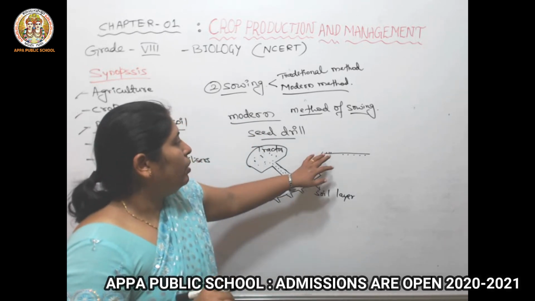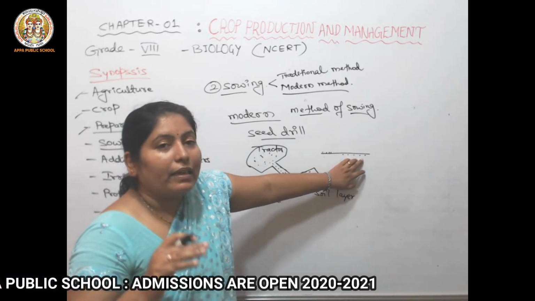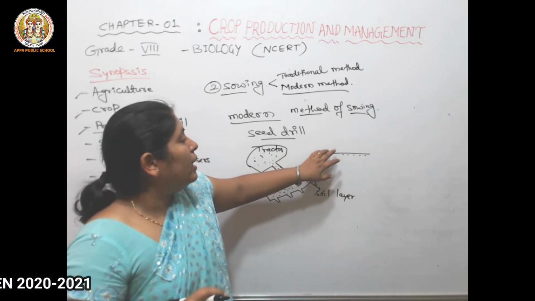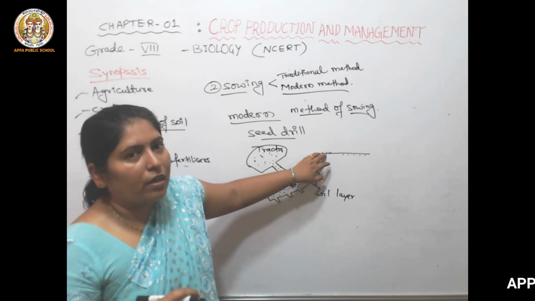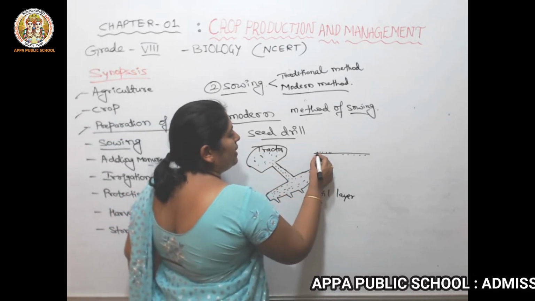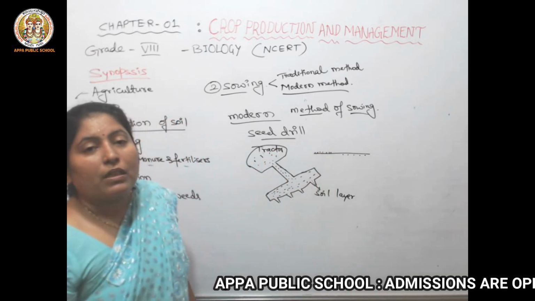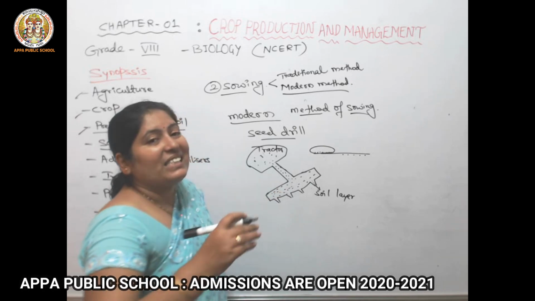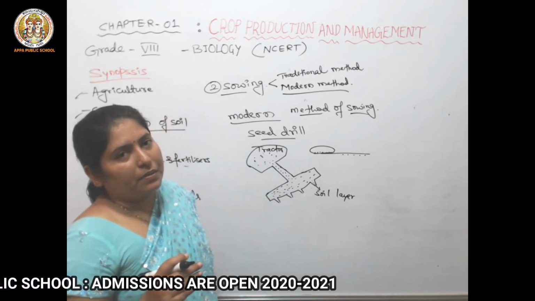Okay, so why is it required to sow the seeds inside the soil? Why can't we go for sowing the seeds upon the surface of the soil? Just imagine that some seeds are present upon the surface of the soil. If this is the condition, then these seeds may be eaten up by the birds, right?